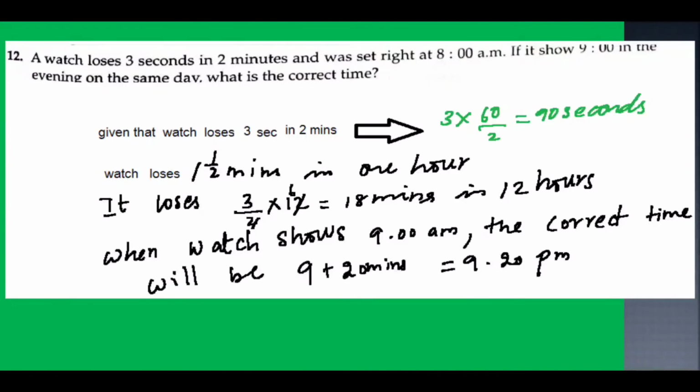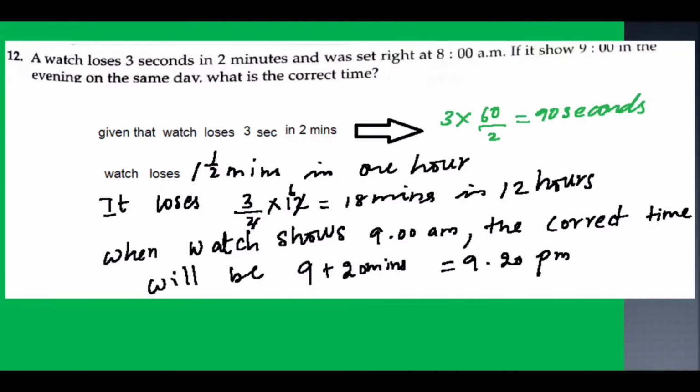So when 3 into 60 by 2, it loses 90 seconds in 1 hour, that is 1.5 minutes. When we multiply this 1.5 into 12, we will get 18 minutes in 12 hours.